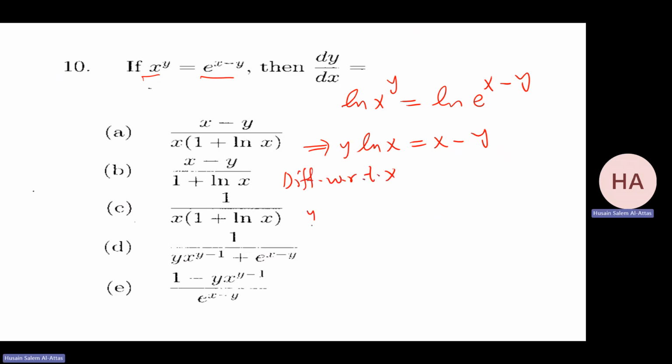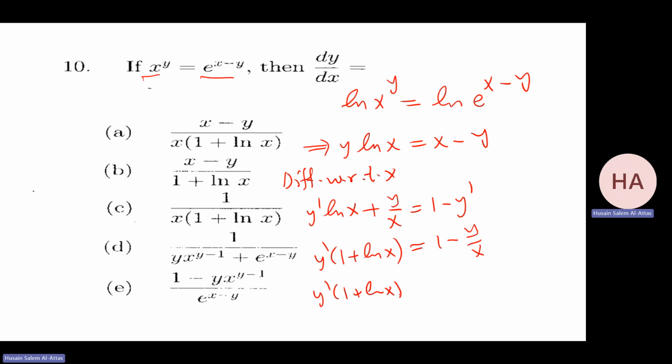I have y prime ln x plus y over x equal 1 minus y prime. So I have y prime times 1 plus ln x equals 1 minus y over x. So y prime times 1 plus ln x equals x minus y over x. That implies y prime will be x minus y over x times 1 plus ln x, which is this one.